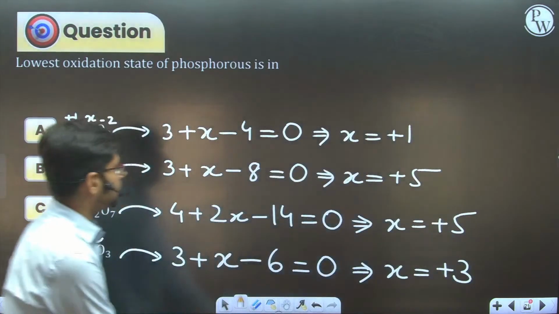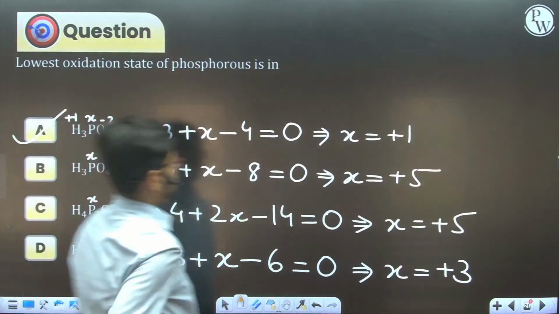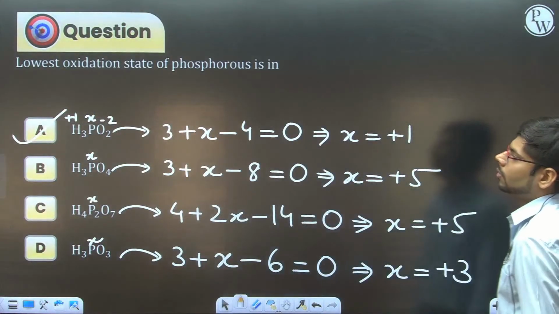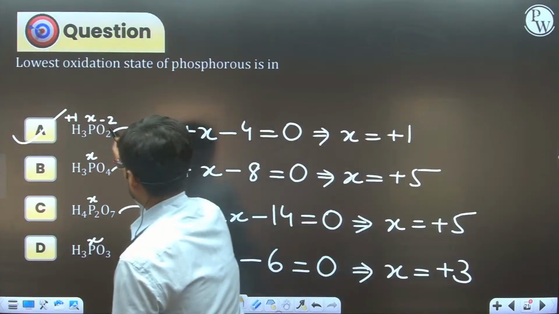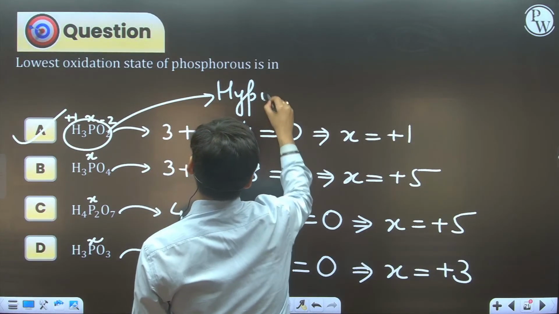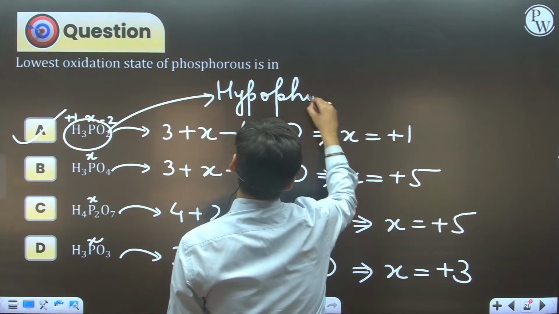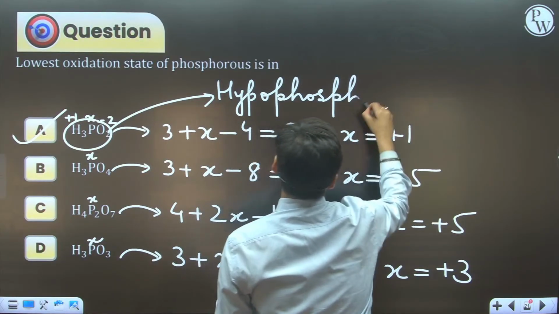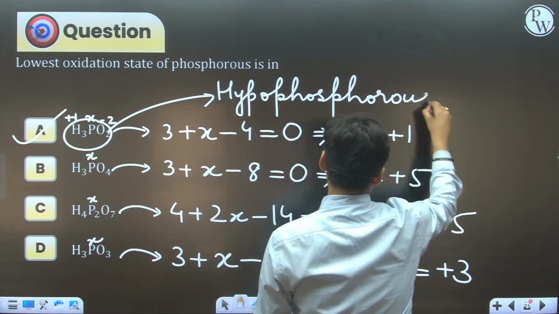The lowest is plus 1. H3PO2 is called hypophosphorus acid. You should know the name.